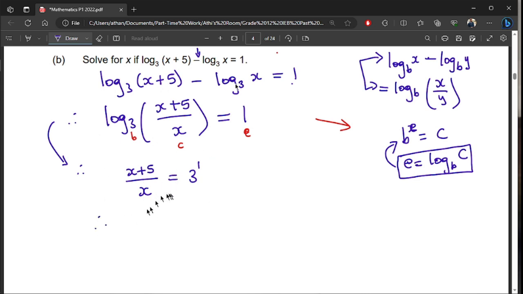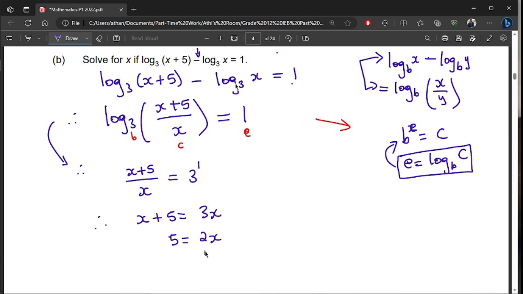We're just going to do cross multiplication, whereby you get x plus 5 is equal to 3x, and then transpose the x to the other side. So 5 is equal to 3x minus x, which will be 2x.